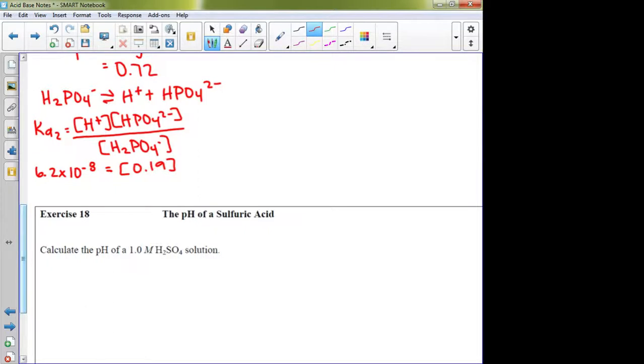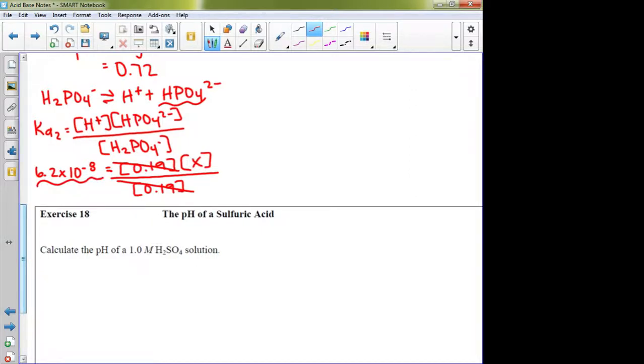I'm looking for my concentration of HPO4, so that's my X, divided by my concentration of H2PO4 negative. We already found that earlier, and it is 0.19. So what do these 0.19s do? They cancel out.